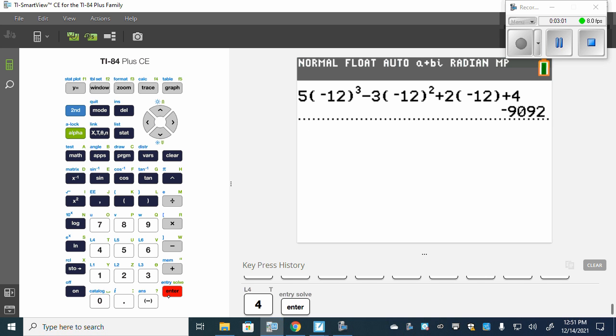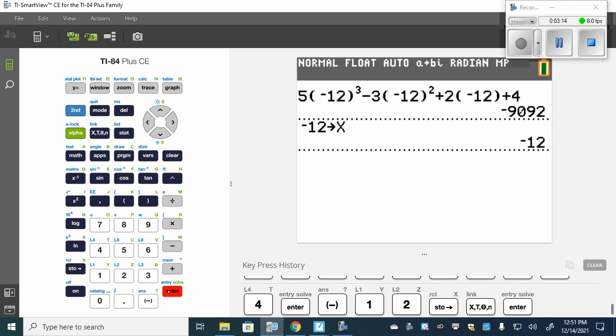Now the other way that we can do this is we can store it into a variable. And to store it in, we can type in the number first, so negative 12, store x. Store that number in for x. We hit enter, it'll tell us negative 12.